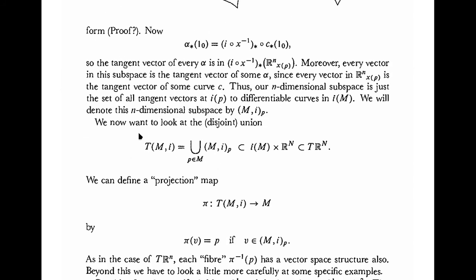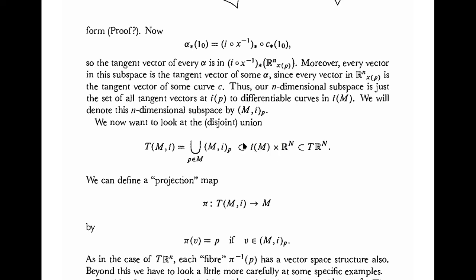So this tangent bundle can actually be defined as the disjoint union of all these tangent spaces. So these are actually tangent spaces. Well, it's not exactly a tangent space because they're defining it as subspaces of the tangent space.